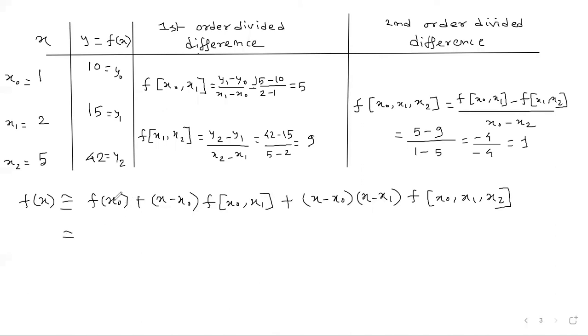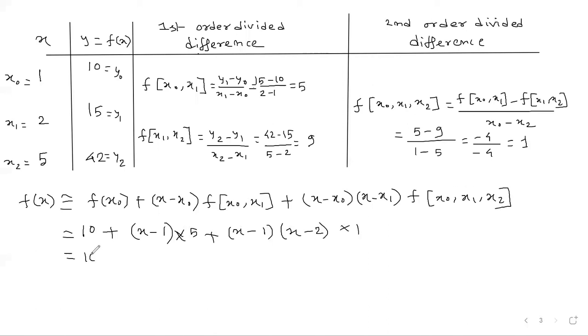So here f of x0 is 10 plus x minus x0, x0 is 1, into f of x0, x1, which is given by 5, plus x minus x0, that is x minus 1, x minus x1 is x minus 2, times 1.